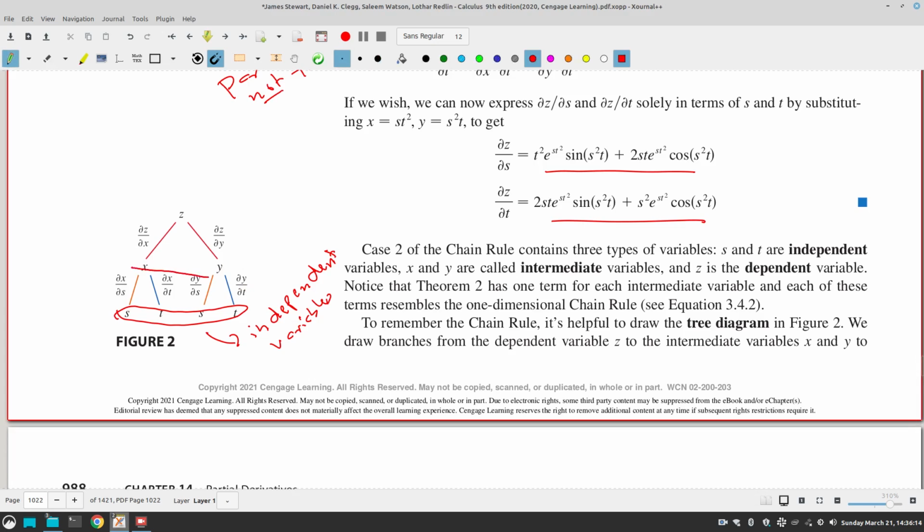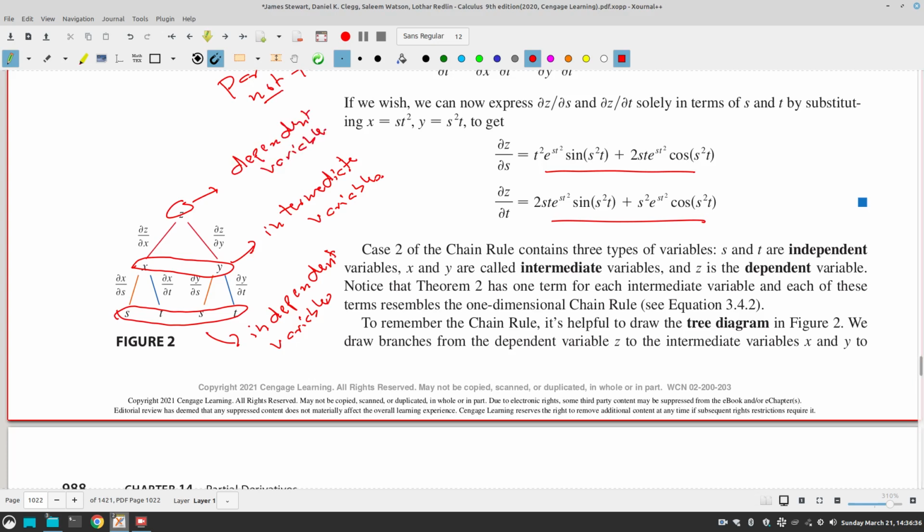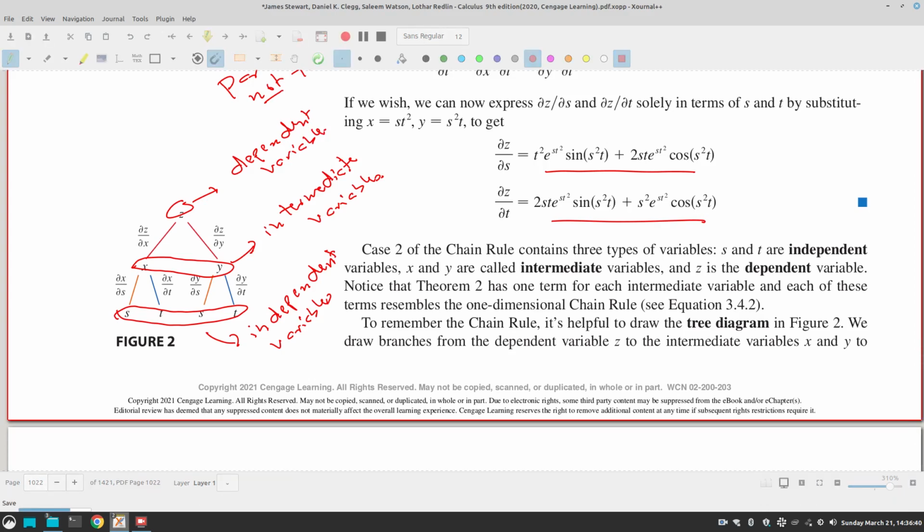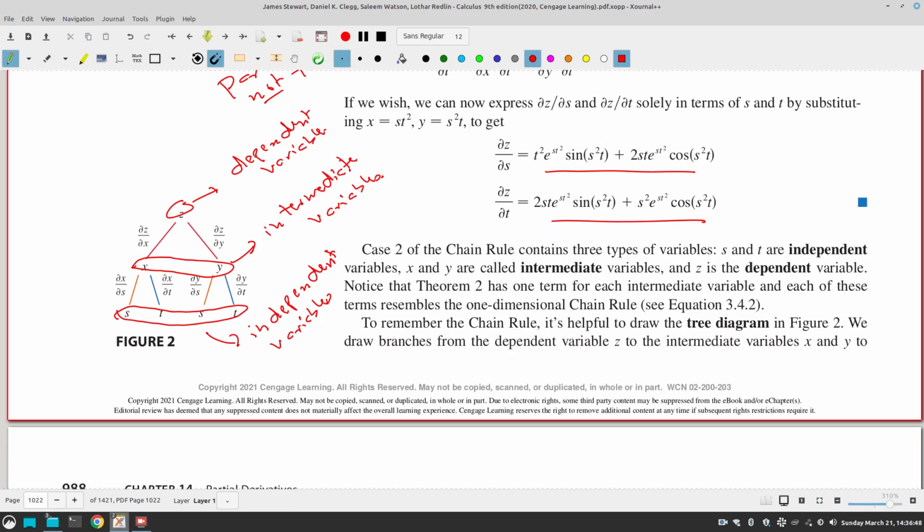These guys over here, these are your intermediate variables. And of course z is your dependent variable. And the tree diagram will always help you remember the chain rule. Just keep that in mind.